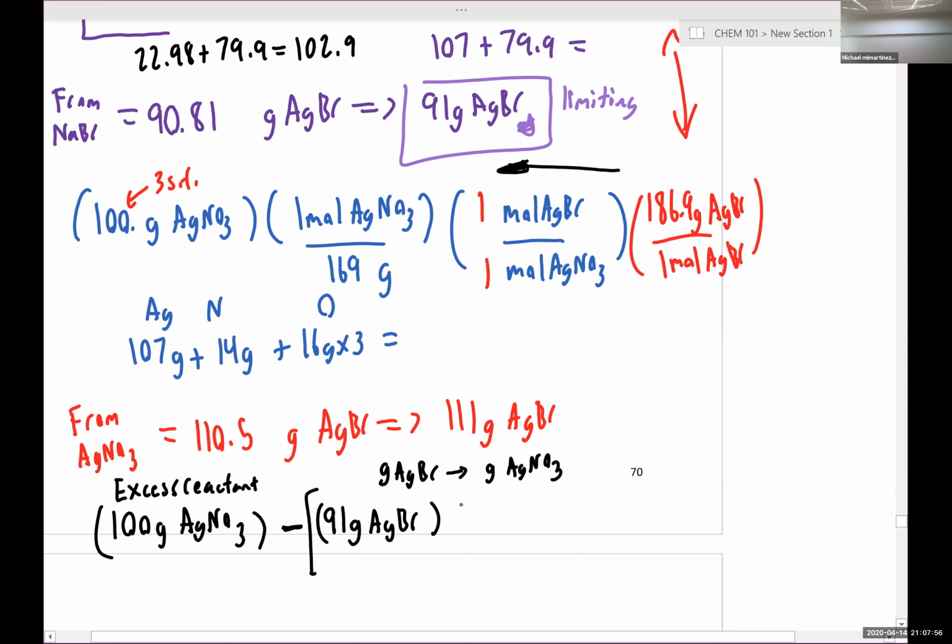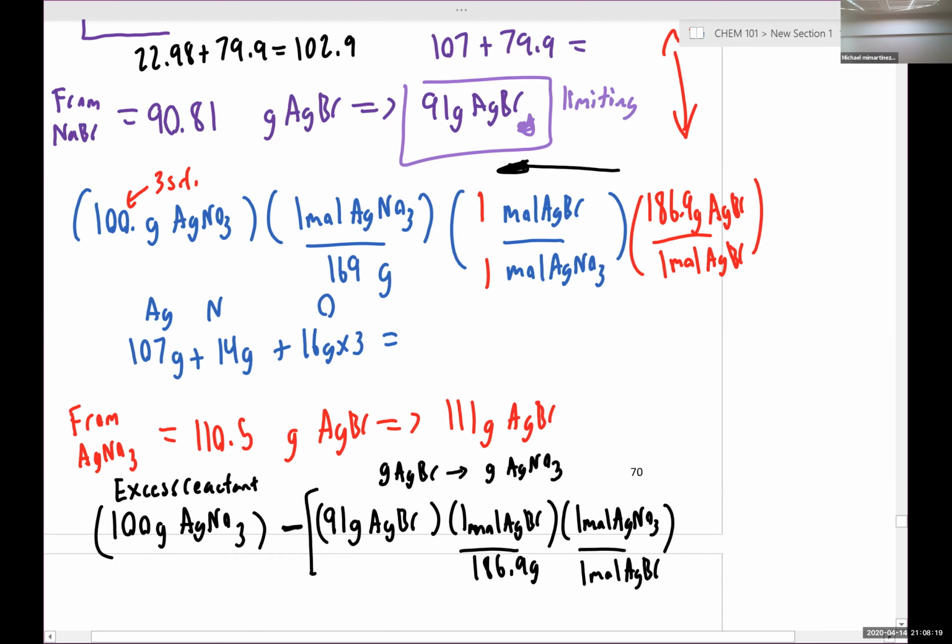We're essentially doing this conversion that we did up here in reverse. So we know that in 1 mole of silver bromide, we have 186.9 grams. We also know that we have 1 mole of silver nitrate per 1 mole of silver bromide.